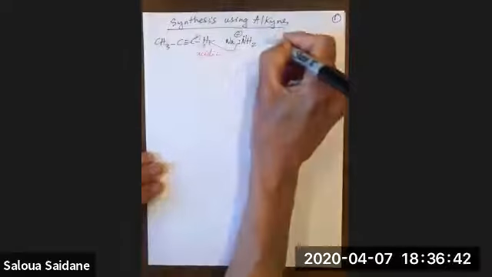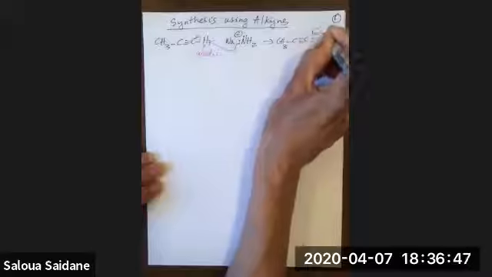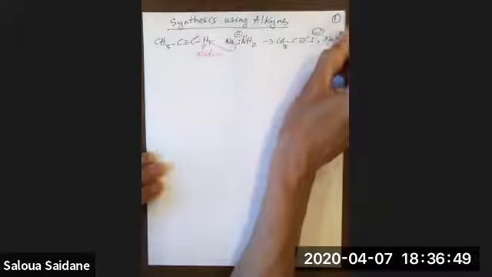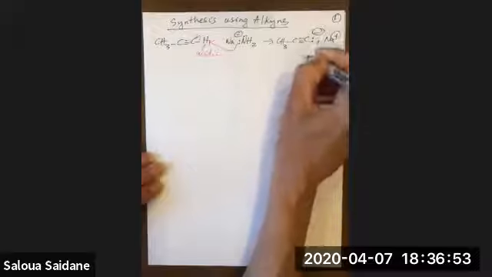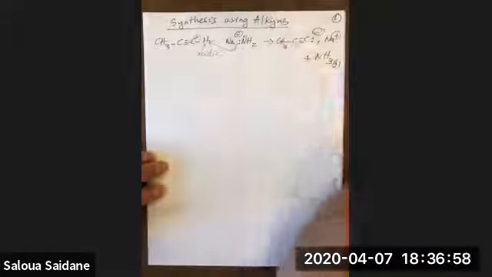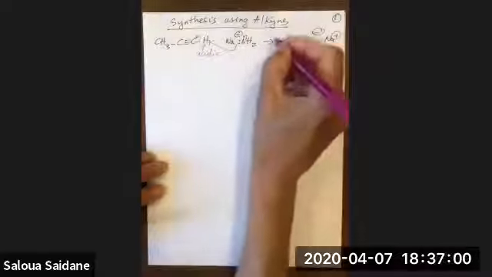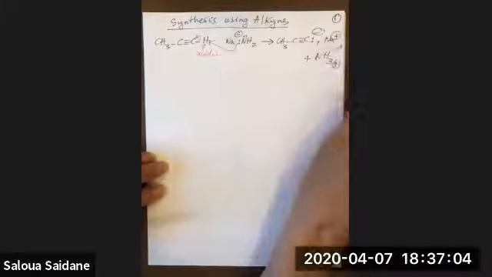So we end up with CH3, C minus, Na plus, NH3 gas. So this is a very good reaction because, first of all, it's driven to the right because we produce a gas that can escape.